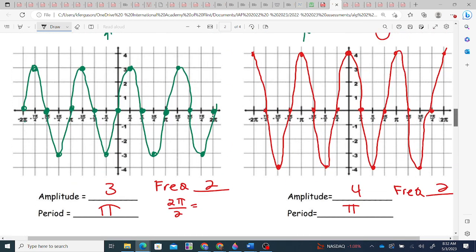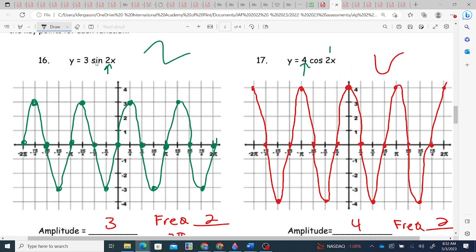So these two graphs, you need to be able to understand that the 3 is amplitude. So that's from the midline to the highest point and the midline to the lowest point. This second number, that is the frequency. So that tells me that I should have 2 complete cycles for a sine between 0 and 2 pi.